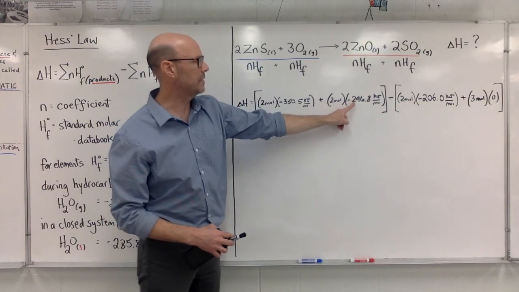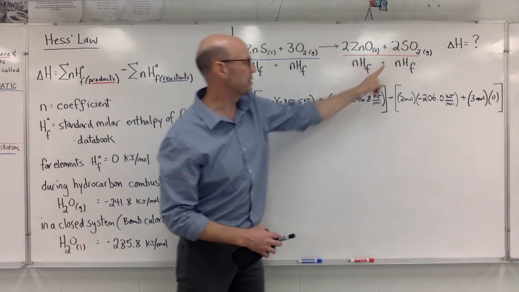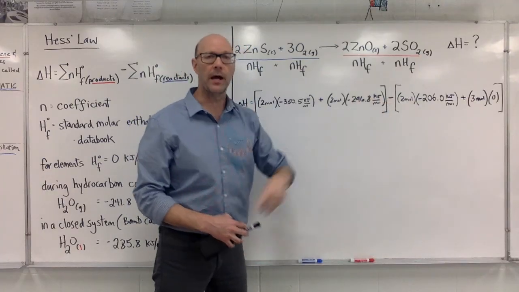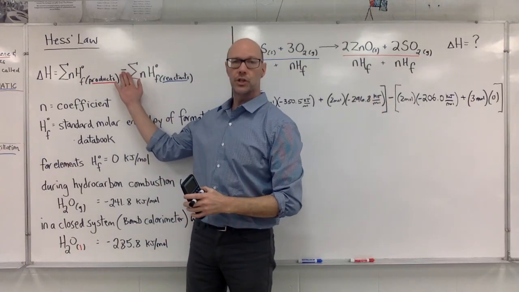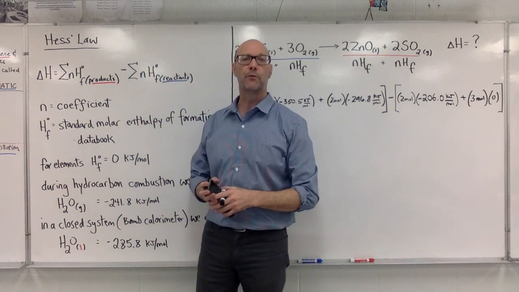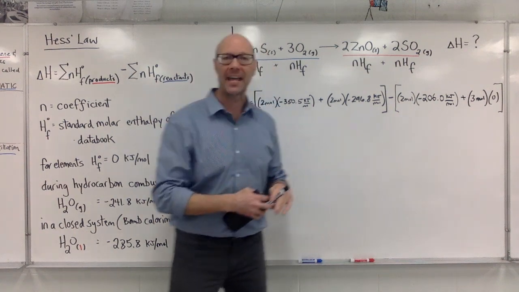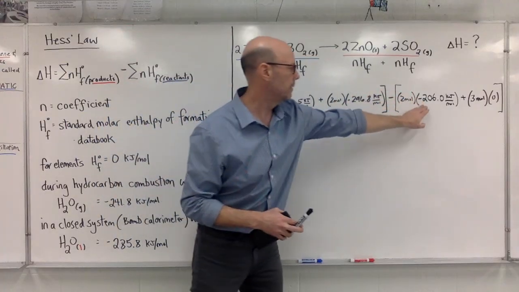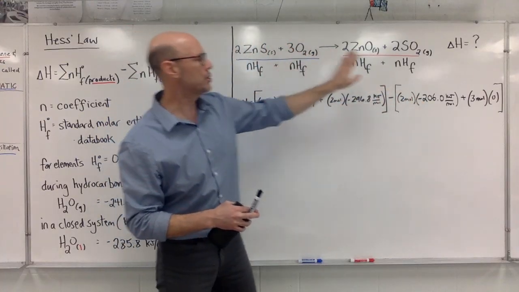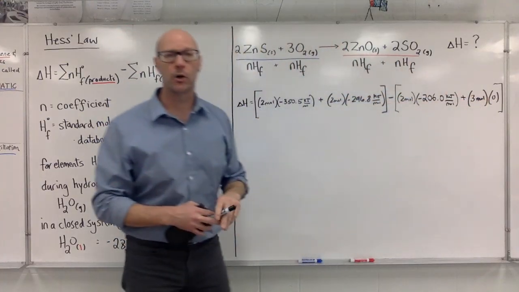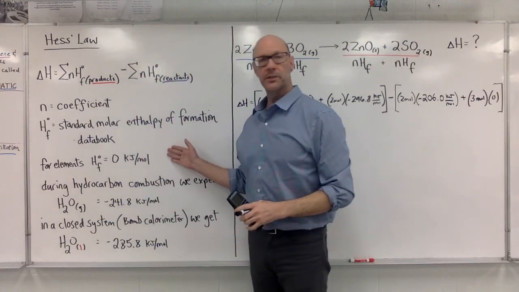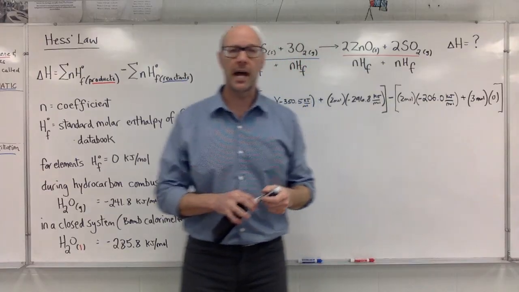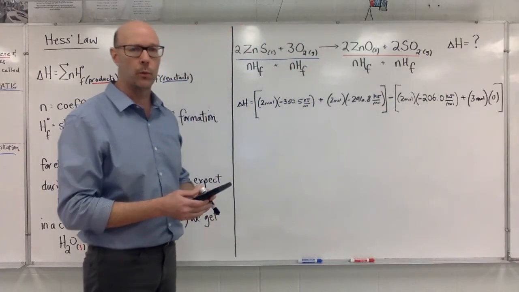This 2 and the negative 296 comes from the sulfur dioxide. I have a big subtraction right in the middle of my calculation, and I'm doing the same thing for the reactants on the back half of the calculation. We have our zinc sulfide, our 3 oxygens multiplied by 0 because for elements, the standard molar enthalpy of formation is 0.